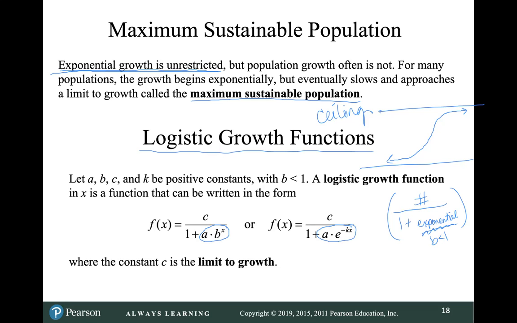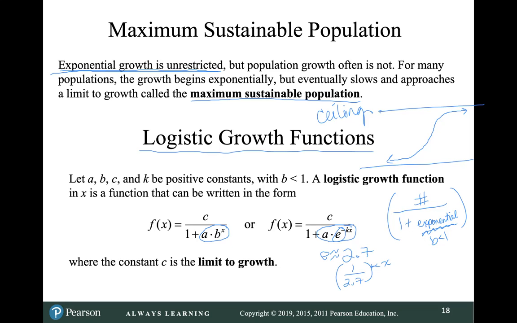Now, you might be saying, well, but e is approximately 2.7. Yes, but it's e to the negative power, and k is positive. So that means it's 1 over 2.7 really as the base, times k, or to the kx. And 1 over 2.7, which is about a third, is definitely less than 1.